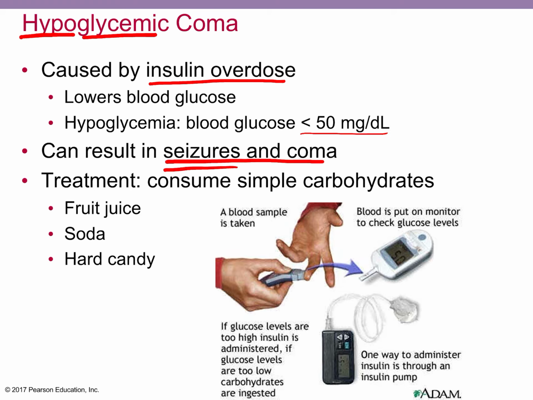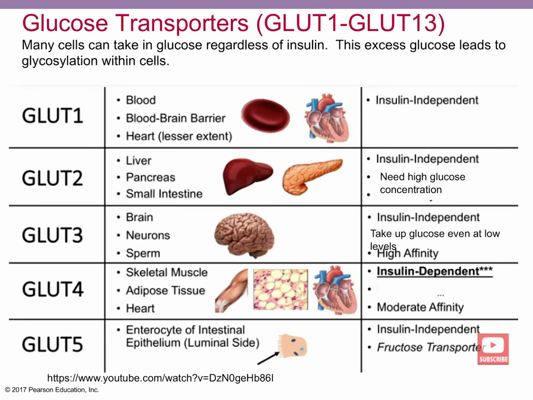Seizures. Remember how the brain, the central nervous system, is always going to have a high affinity for glucose no matter what. So remember, let me actually show you that picture. Just to remind you that glucose intake into your cells, some cells are going to be dependent on insulin presence, and that was at GLUT4, right? The GLUT4 transporter. These have to have insulin present in order to take in that glucose.